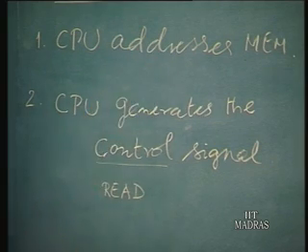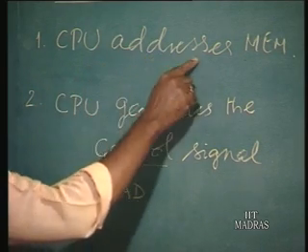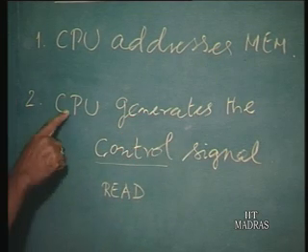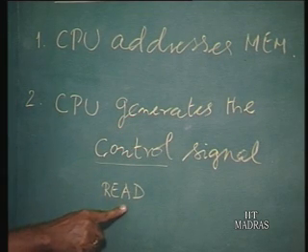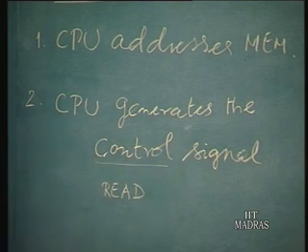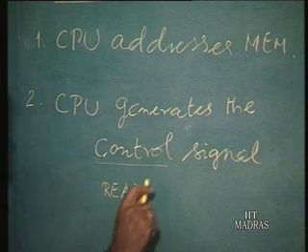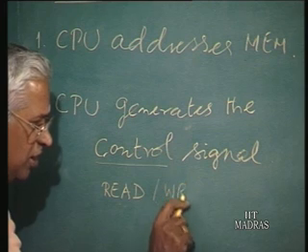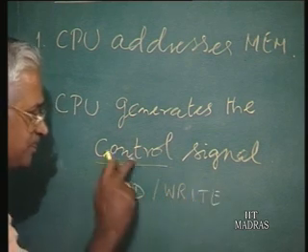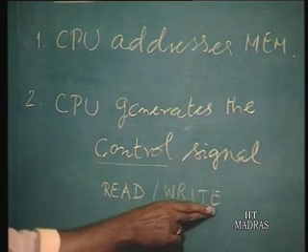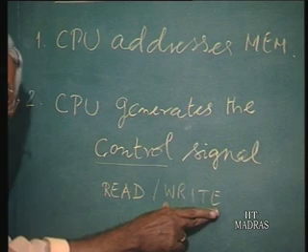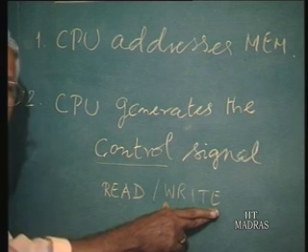So the CPU places the address of the instruction on the bus and generates the read signal in the case of instruction fetch. In some other case it may be a write. So that's why I use the word control. But if the CPU wants something to be written into the memory, what is the implication?